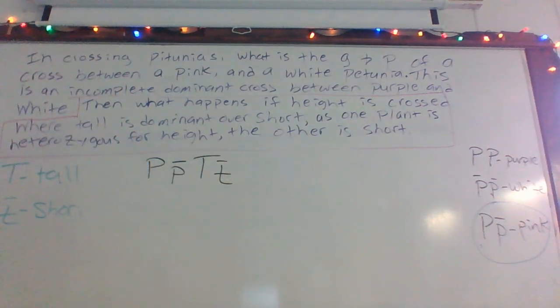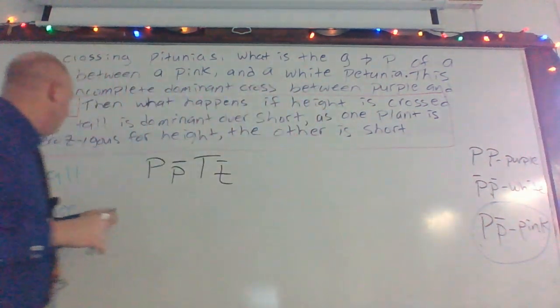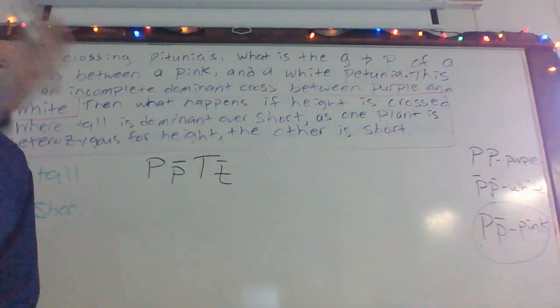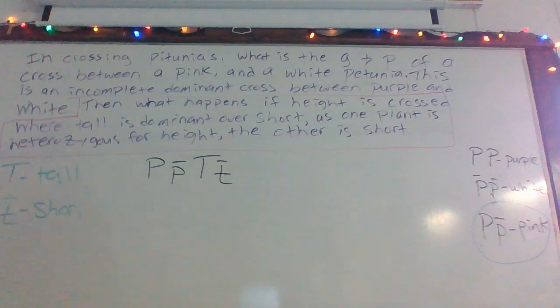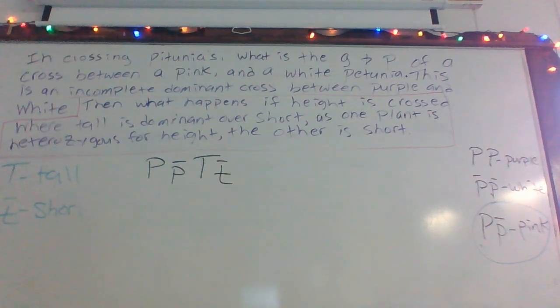If you understand this, why is there 3 different outcomes over there and only 2 over here? It's not incomplete dominance. If you understand that, you are well on your way to navigating your way through this. Now it's just a process of not going too fast and being able to read your own writing.